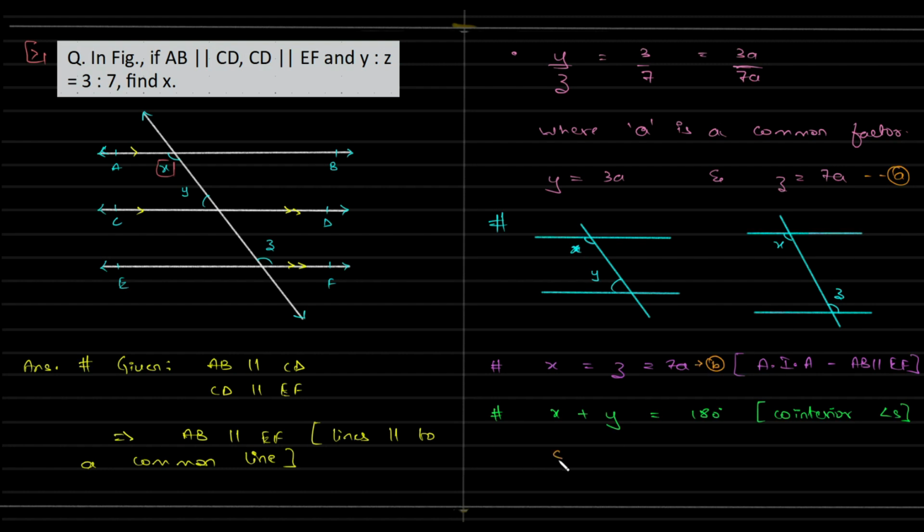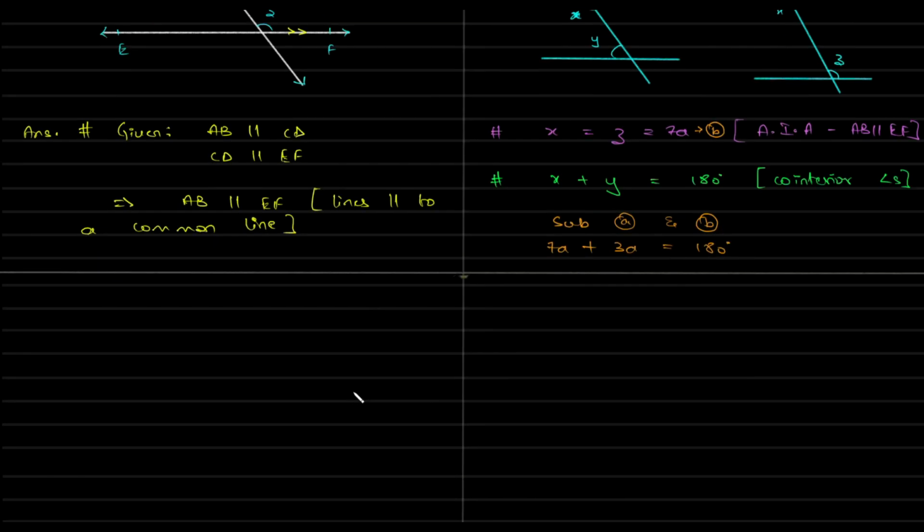So substituting A and B, we have 7A plus 3A is equal to 180 degrees. So 7A plus 3A is 10A, which is 180 degrees. So divide by 10 on both sides. We have A equal to 18 degrees.